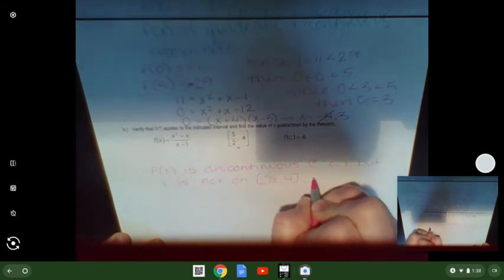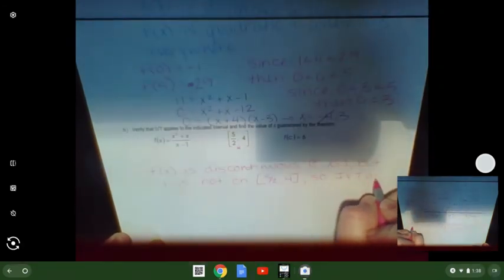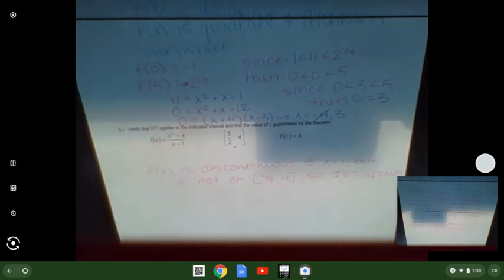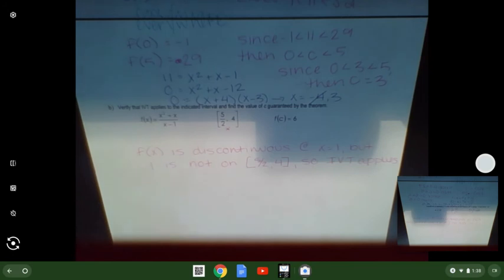So we can still use IVT. As long as you are continuous on the interval that you are analyzing, then you can use IVT. Still need to consider any discontinuities in the function. And again, this function f of x does have a discontinuity, but because it is not on the interval we are analyzing, then it must be continuous by default on that interval. So I can use intermediate value theorem.